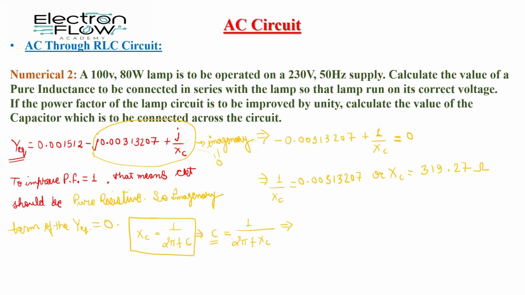Let's calculate the value of the capacitance: 1 upon 2 pi 50 times 319.27, which is equal to 9.96 microfarad. This is the required value of the capacitance which helps the circuit improve the power factor to unity.